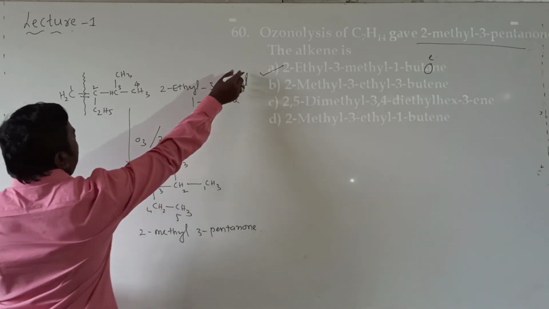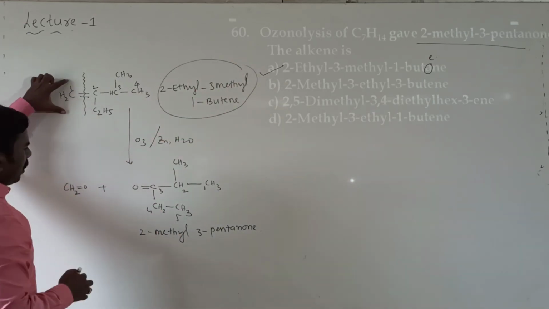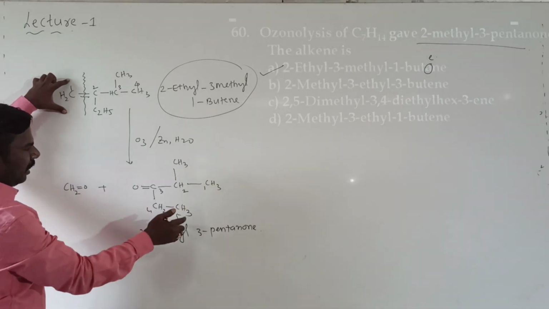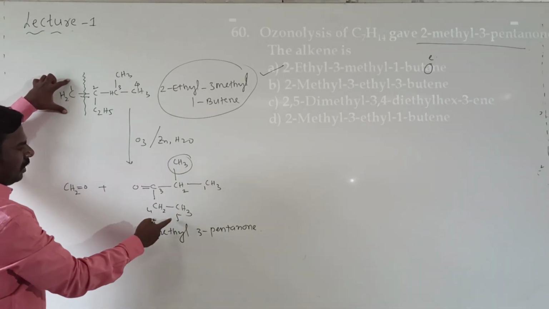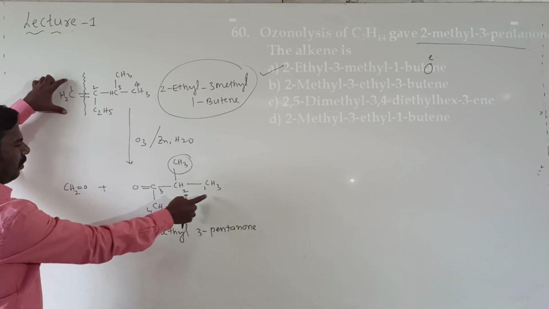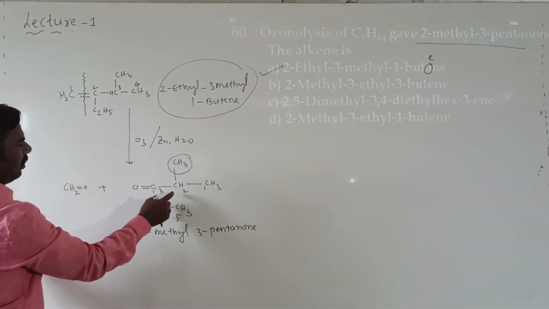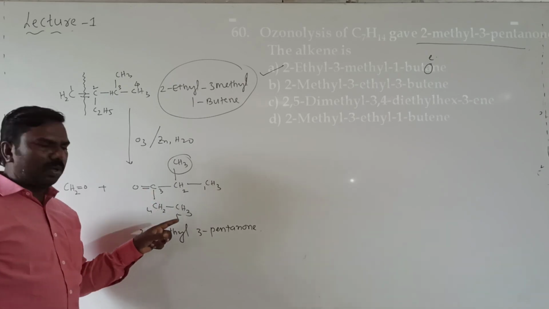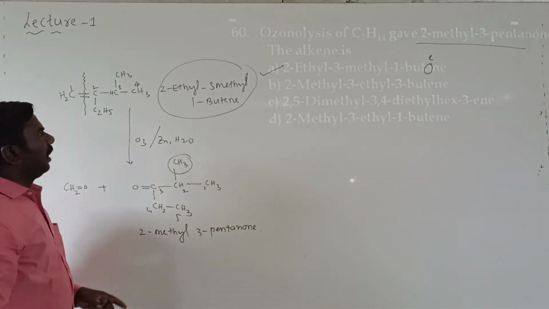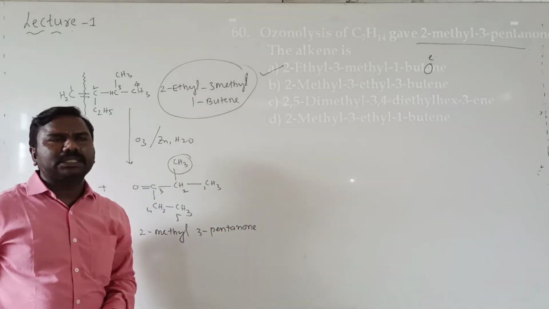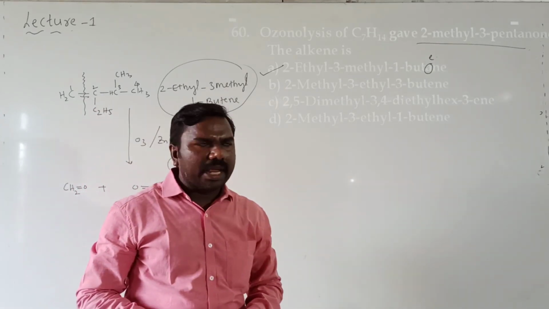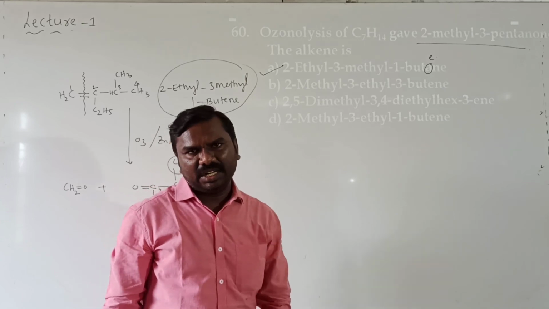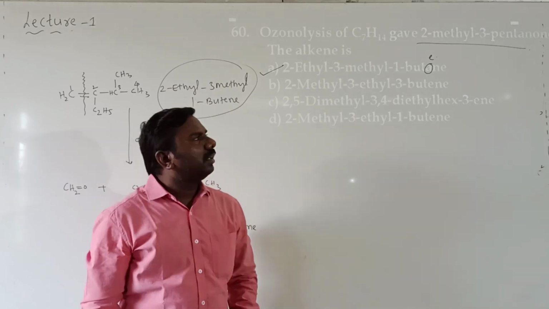So this is the name of the compound which on ozonolysis gives this compound. 2 methyl, this second position methyl, and totally 5 carbons: 1, 2, 3, 4, 5. So 2-methyl, third position ketone, 3-pentanone. To get this, which is a suitable option? So option A, actually butane is given, it is not butane, it is butene. Clear?